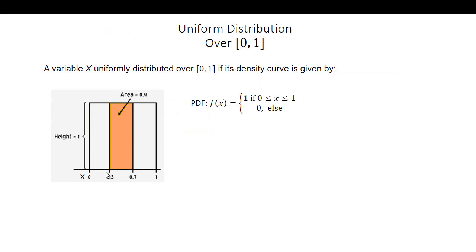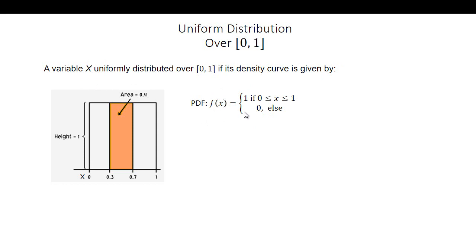So here is an example of a continuous random variable. If I have a random variable x that has the following density curve, we say that x is uniformly distributed over the interval from 0 to 1 if its density curve is given by the following function.